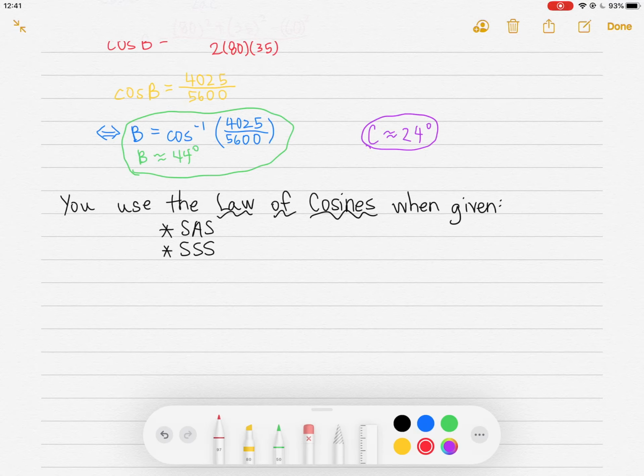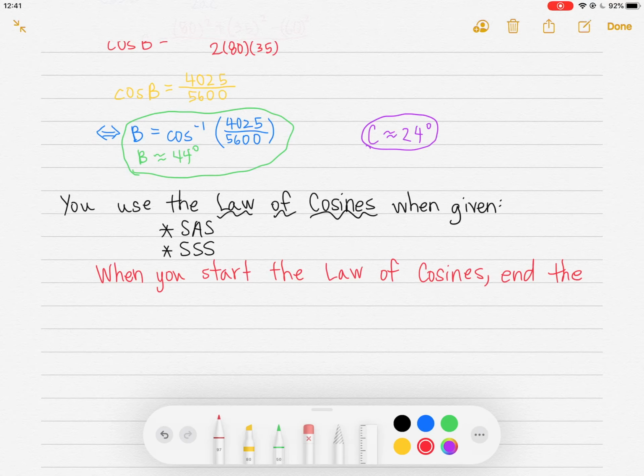The other thing that I cannot stress to you enough: when you start with the law of cosines, end with the law of cosines, because there's no funny business, only one correct triangle.